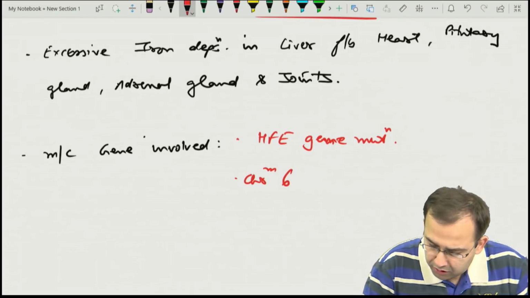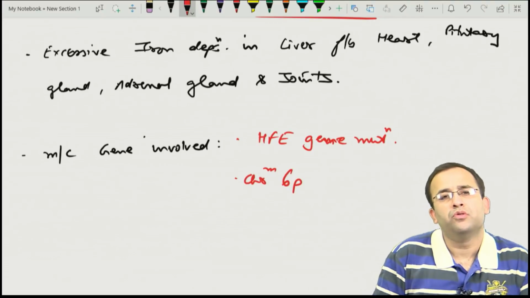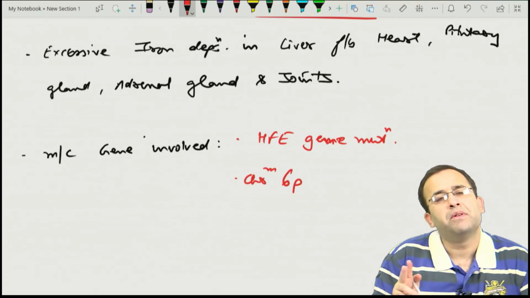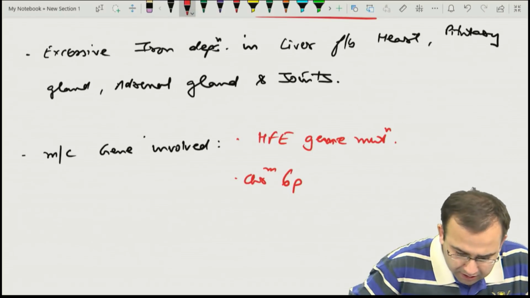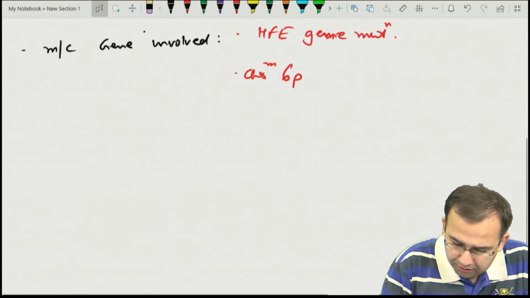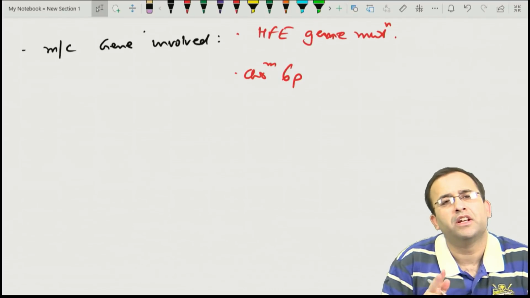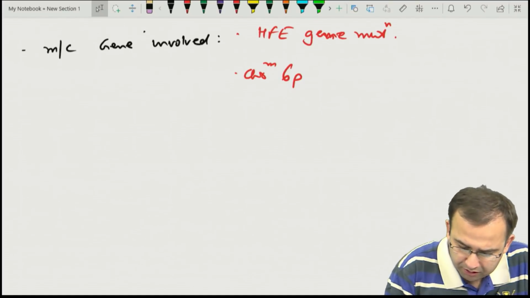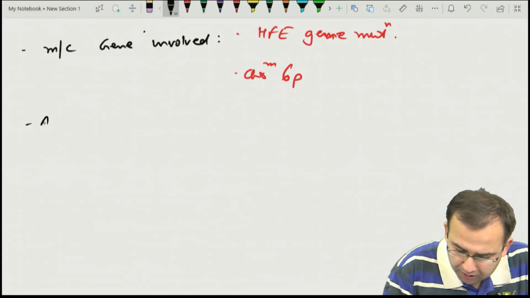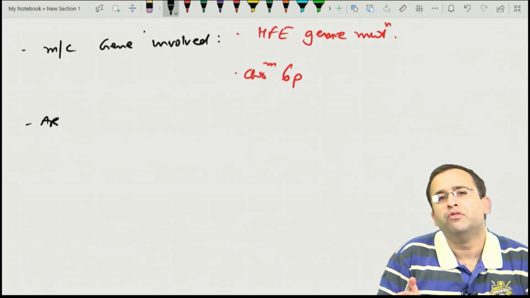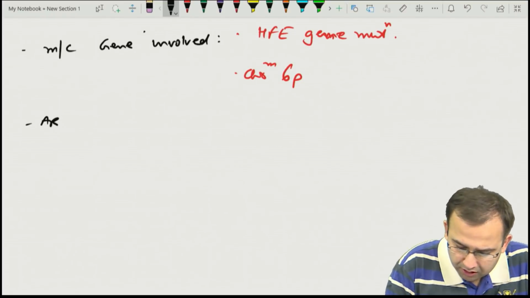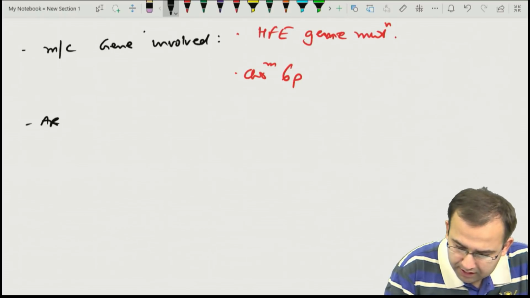Short arm of chromosome 6, that is chromosome 6p. This is the same as that of HLA. Next point, what is the inheritance pattern of hemochromatosis? It is autosomal recessive inheritance. You very well know that all the metabolic disorders are autosomal recessive.